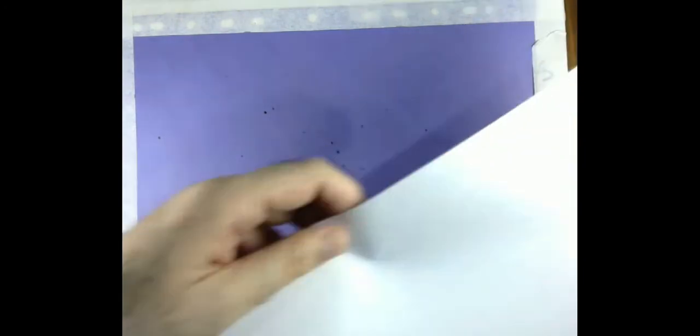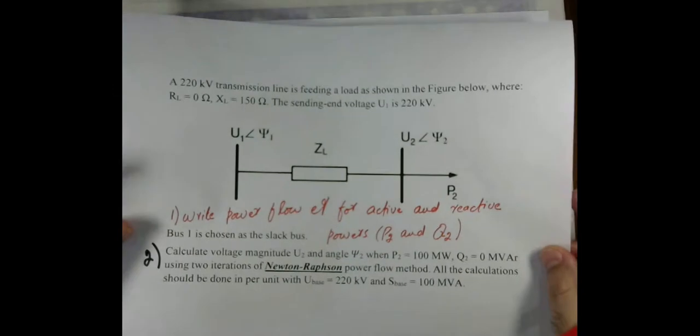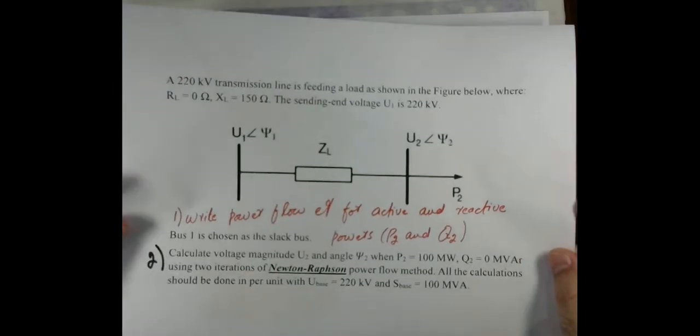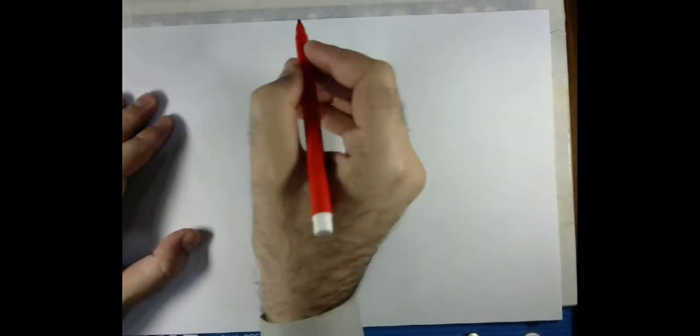So now let me start solving the problem. As the values were given in the SI units, let me first convert them into the per unit value. So we will solve the problem using Newton-Raphson method. For task A, let me even put the solution here.